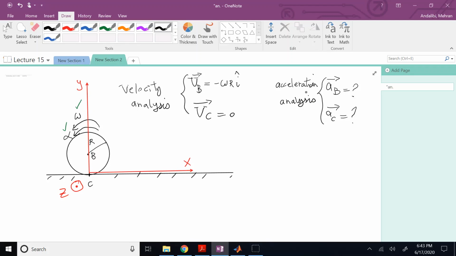So how do I first find the acceleration of the centroid? So how did we find the velocity of it last time?